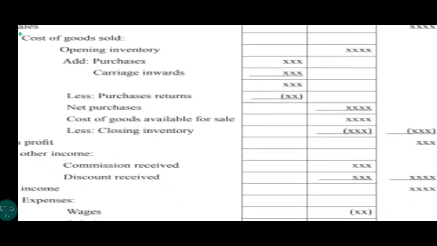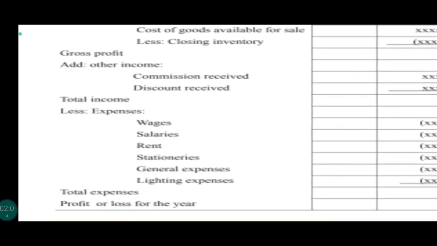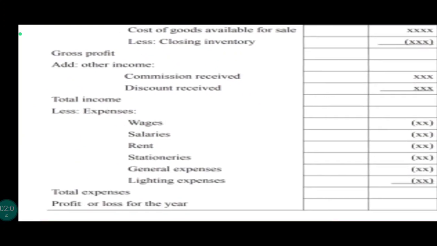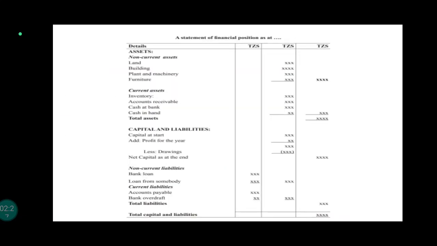When you deduct the cost of goods sold from the net sales above, you get gross profit. Add other income other than sales, like commission received and discount received. Then less expenses like salaries, rent, stationery, general expenses, lighting expenses, carriage outward. At the end you get profit or loss for the year. This is how the vertical statement is prepared.